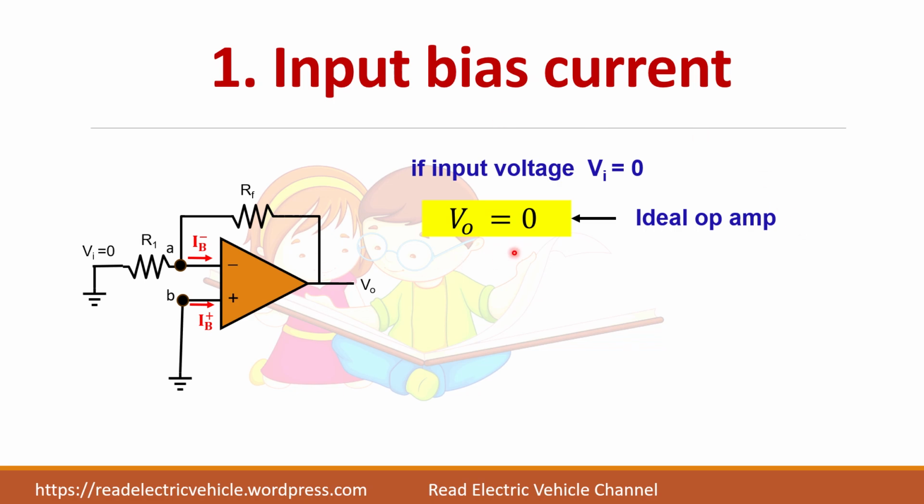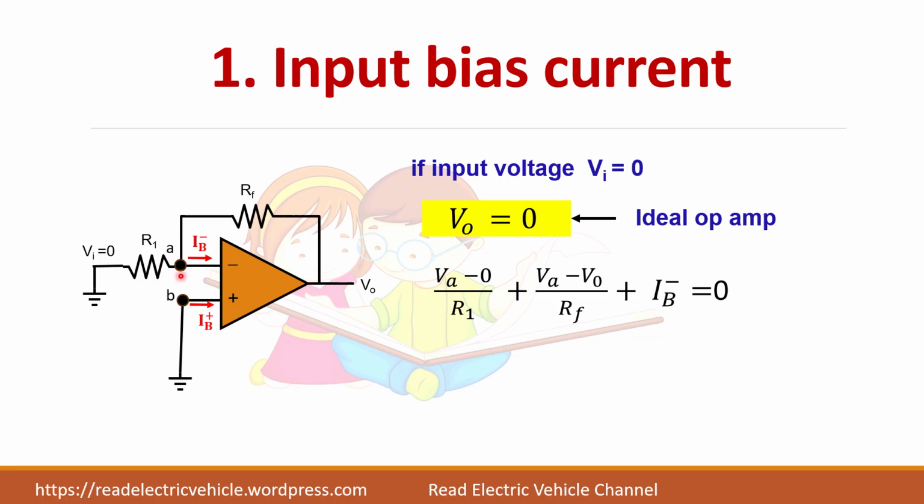But this voltage may not be 0 because here the op-amp is drawing some current. So let us write the nodal equation and find what output voltage you are getting because of this input bias current, and how to compensate this bias current.